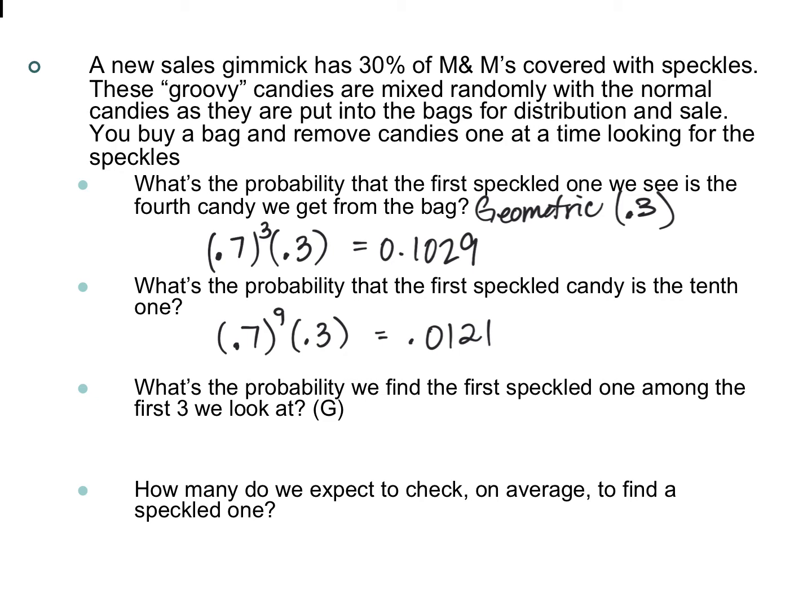So this is a cumulative. I'm going to add these up. It's the probability that the first speckled candy is the first one, plus the probability that the first speckled candy I get is the second, plus the probability that the first speckled candy I get is the third. What's the probability that the first candy I get is speckled? 0.3, right? How do I find the probability that the second one is speckled?